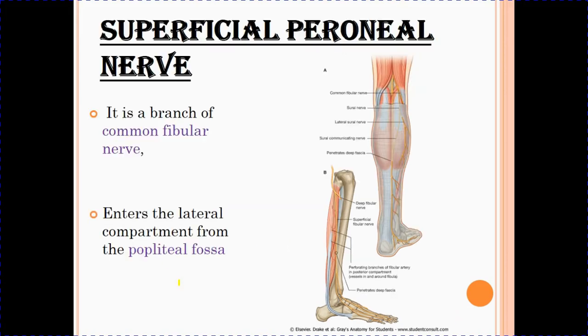We told you that the common peroneal nerve, the common fibular nerve divides into a superficial and a deep branch. The deep branch supplies the anterior compartment and the superficial branch supplies the lateral compartment. It enters the lateral compartment from the popliteal fossa.